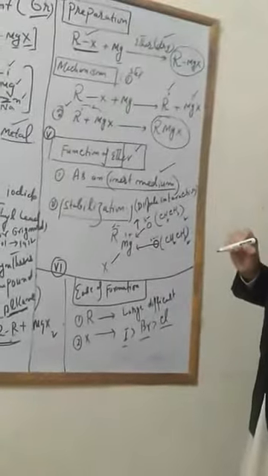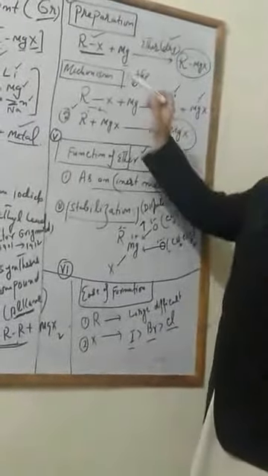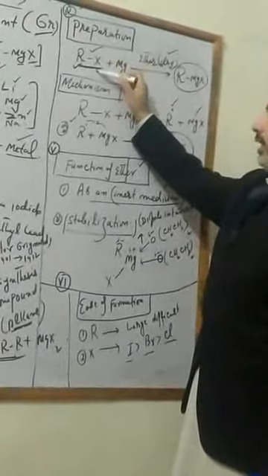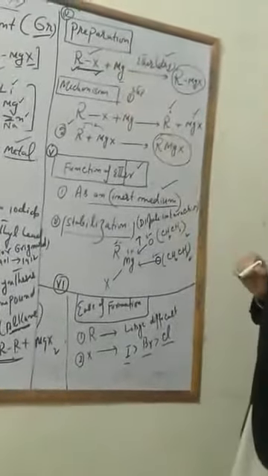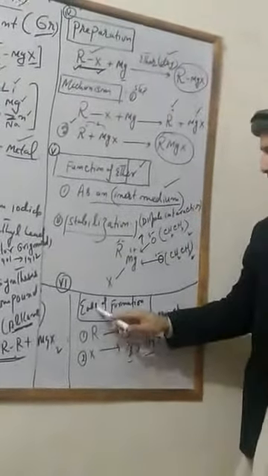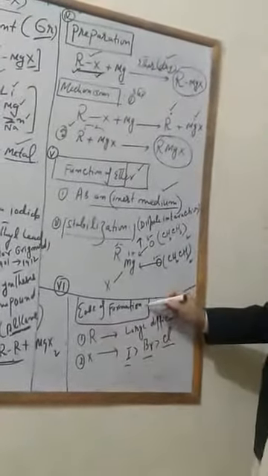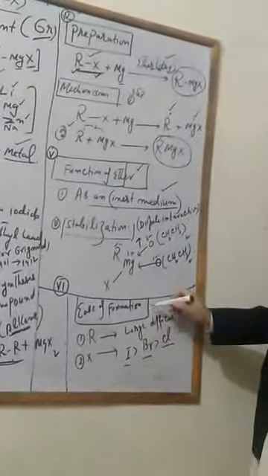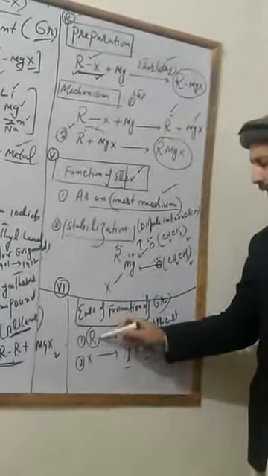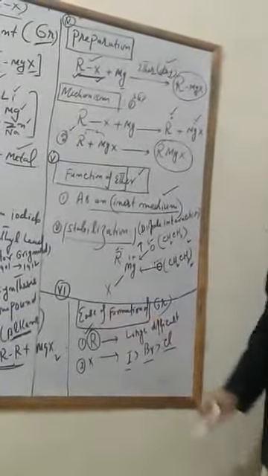Now, two things will affect the rate of formation, one is R and the other is X. These two things will affect the rate or ease of formation of Grignard reagent. One is the nature of R in the alkyl halide.